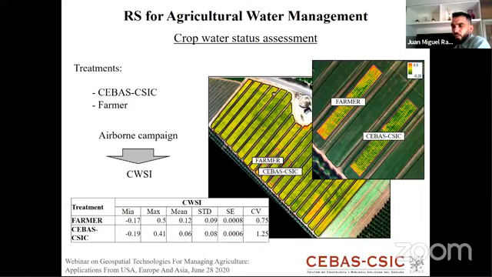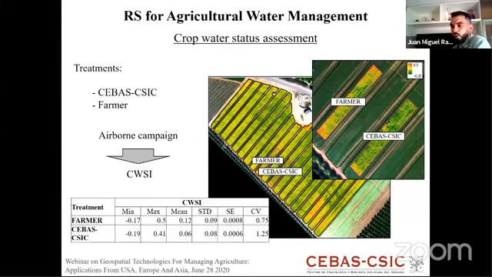I am not going to explain this model in detail, but if anyone is interested, please send me an email and I will provide you the reference of this model. In the second treatment, we left the farmer to manage the field at his convenience, irrigating in the same way that he usually does.